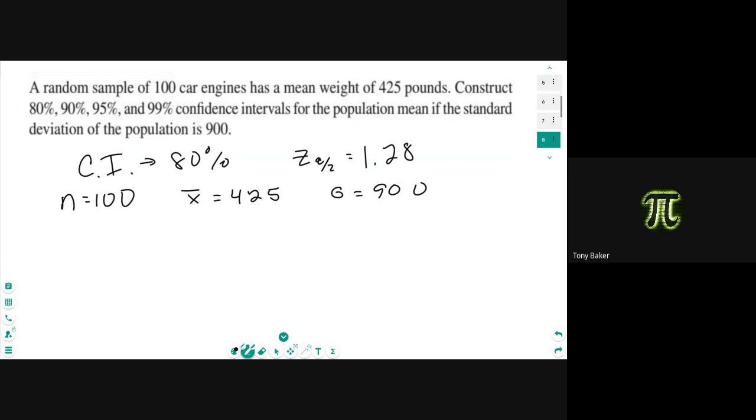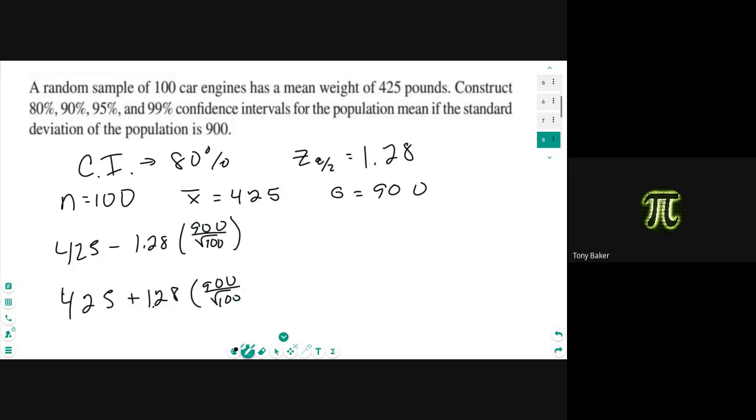Now we need to do our formula. So I have 425 minus 1.28 times 900 divided by the square root of 100, and I have 425 plus 1.28 times 900 divided by the square root of 100.